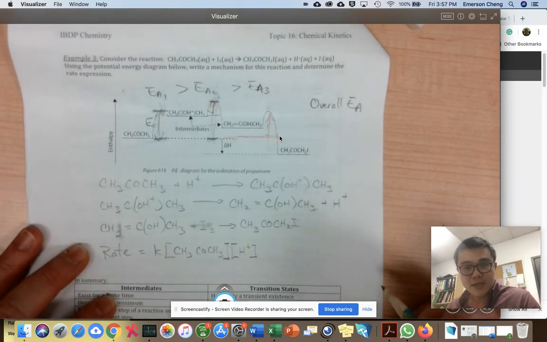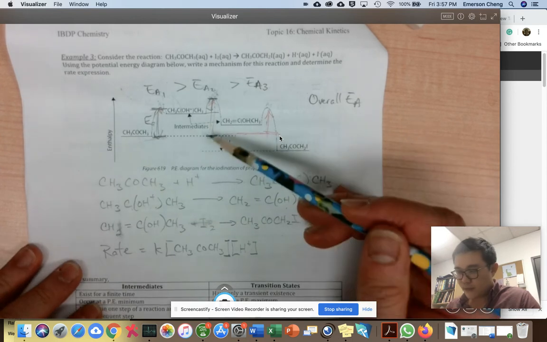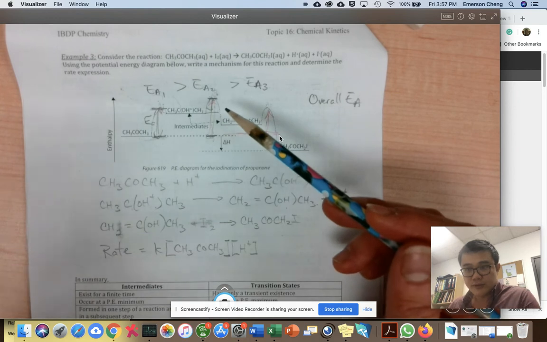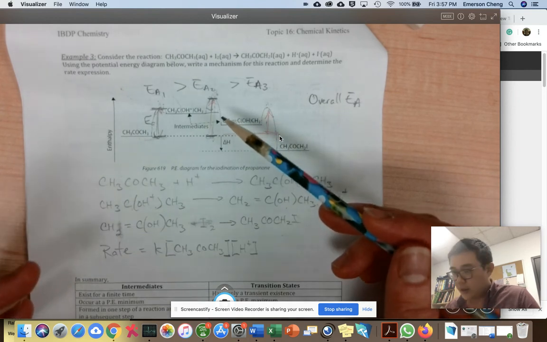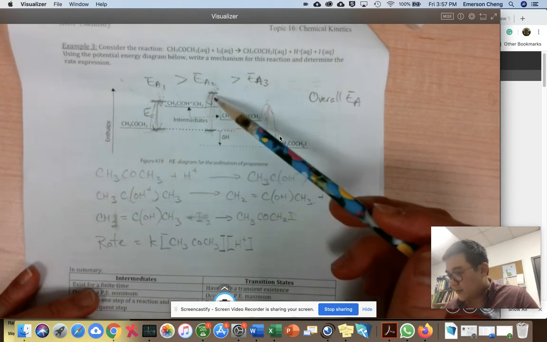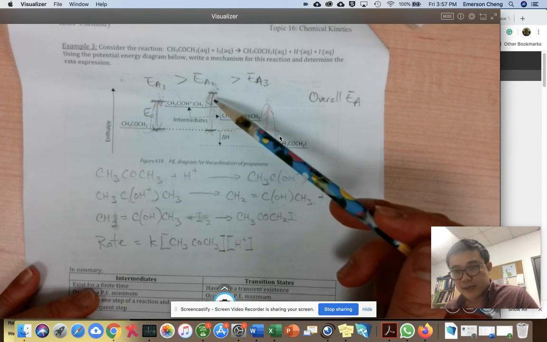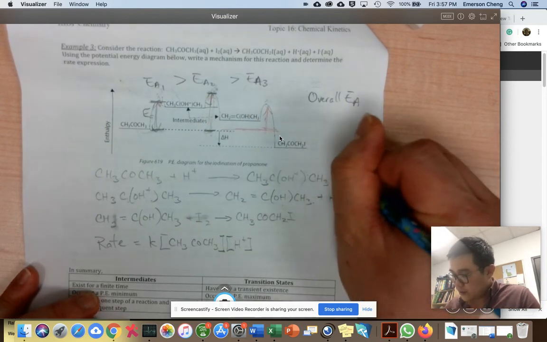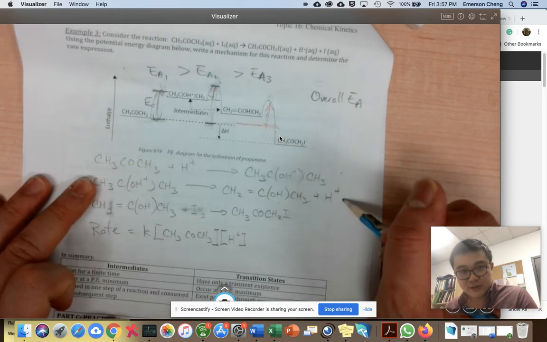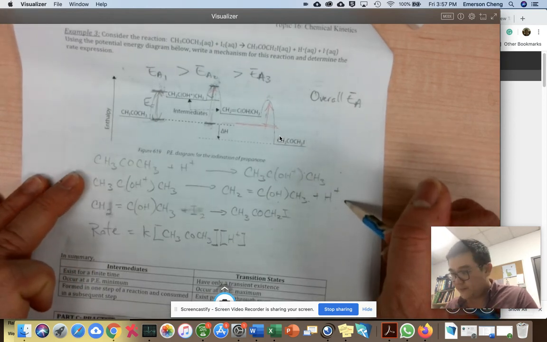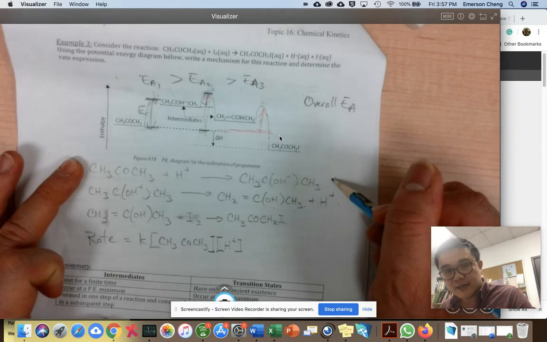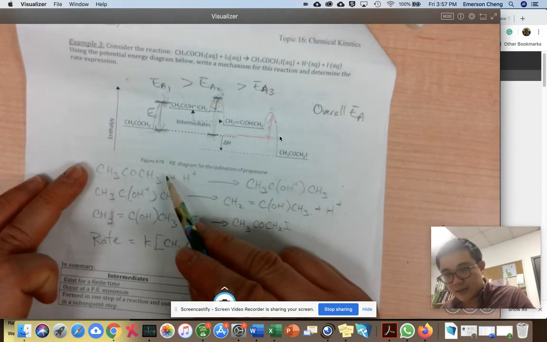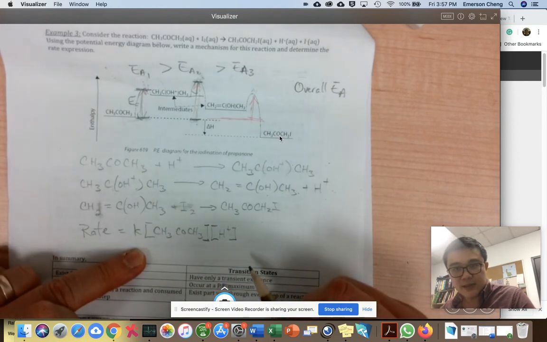Okay. Now, if you actually thought that this was the rate determining step, which seems to be a very common thought too, even if this is the rate determining step, this slow step depends on the previous step, so you essentially substitute it in here, and you would still get the same answer.